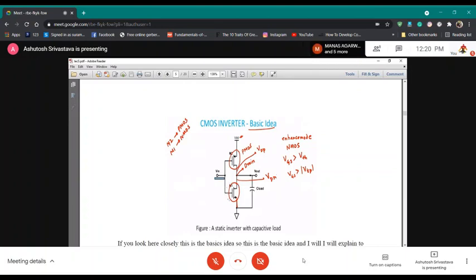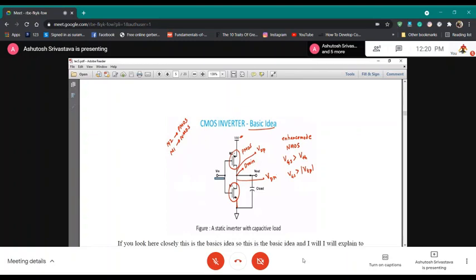So the M1 transistor, which is the NMOS transistor, is in the conducting state, while the M2 transistor, which is the PMOS transistor, is in the non-conducting state or is in the cutoff state.